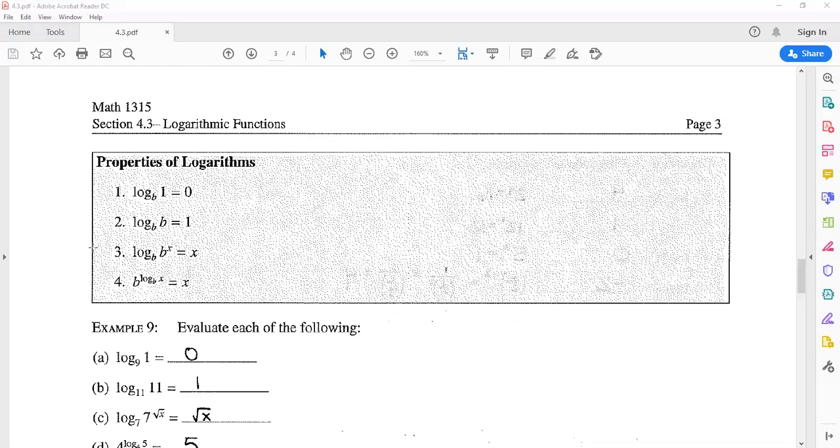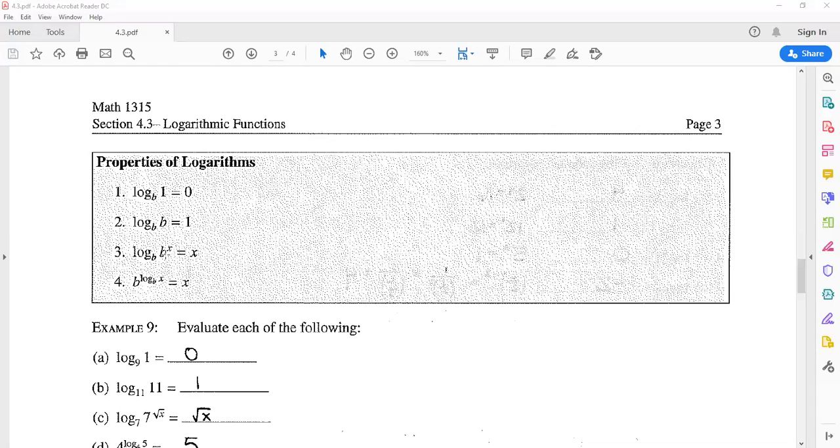So look at these two together, though, 3 and 4. These are compositions of functions on the left of each one of these. The first one is the composition where b to the x is the inside function, and log base b is the outside function. And look at the effect. If you start with x and first exponentiate it base b, that is, first do b to the x, and then follow that by log base b of b to the x, what you get is just x back.